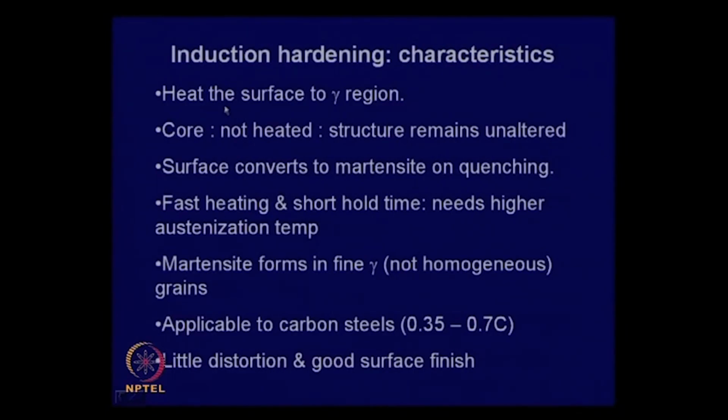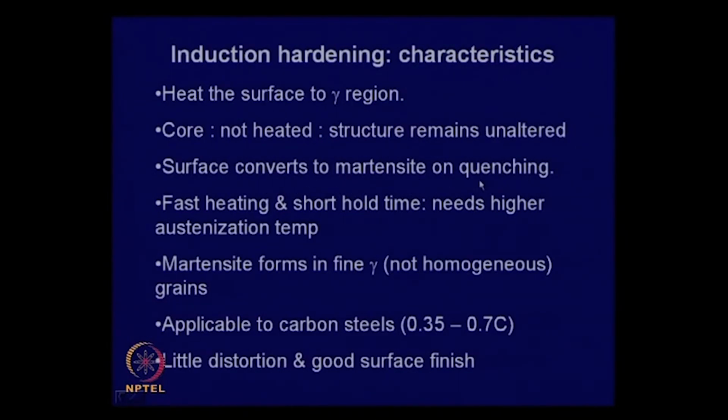Here you heat the surface by induction heating: put the job within an induction coil, and it gets heated because of the eddy current from the high frequency AC that flows through the coil, and it gets heated to the austenitic region. The core does not get heated, because of the skin effect, and its structure remains unaltered.